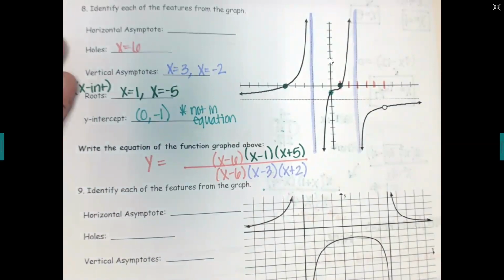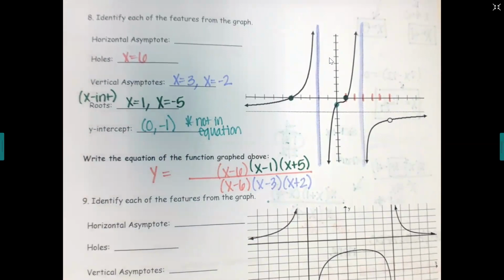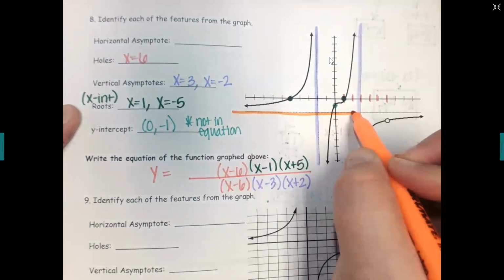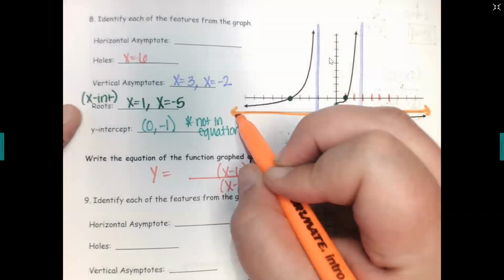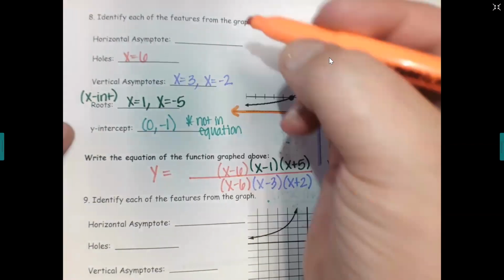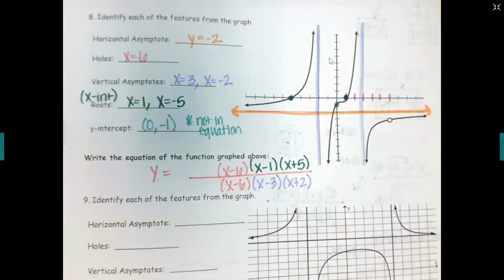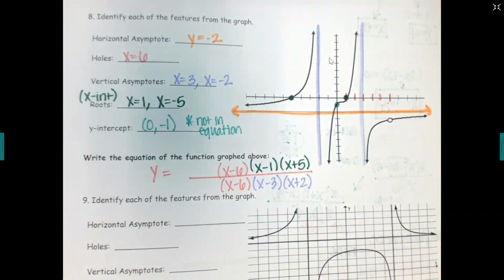What's the only thing I have not found so far that I skipped? Horizontal asymptote is gonna be the one that drags across this way. So I see that I have one. How low is it? -2. And now if you have a horizontal asymptote, if it was at a 0, it would have been a bobo.